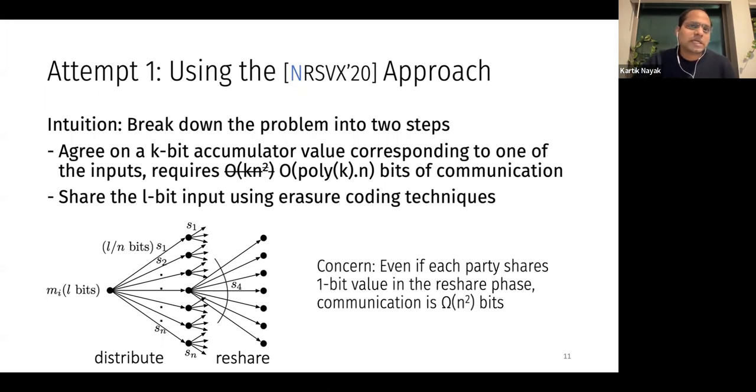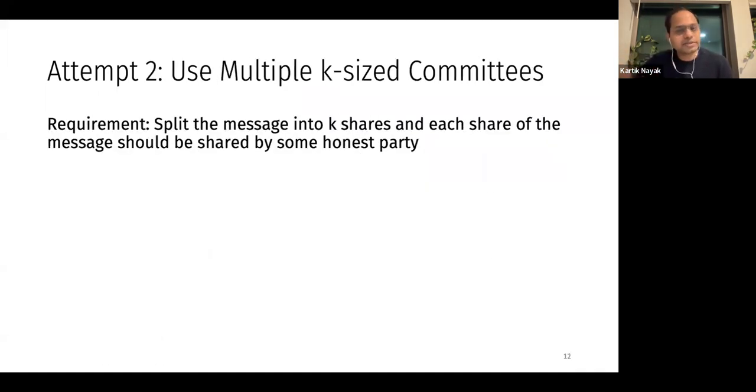So a key learning here is that the number of shares should be smaller than n. Maybe we split the message into some kappa number of shares, and then ensure that in the reshare phase, it is reshared with sufficiently many parties. In particular, there's at least some honest party who would be resharing it for us.